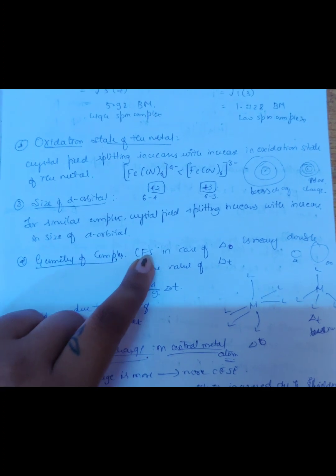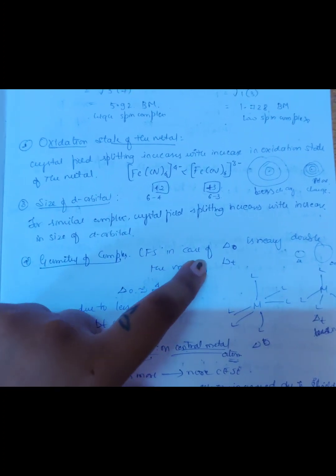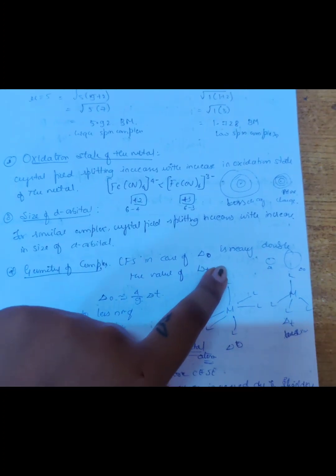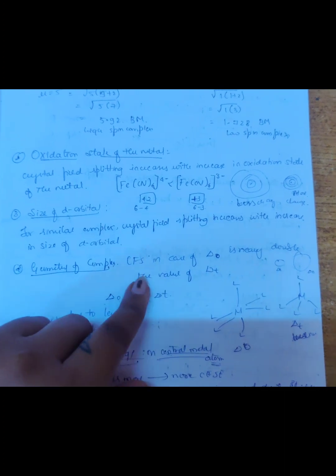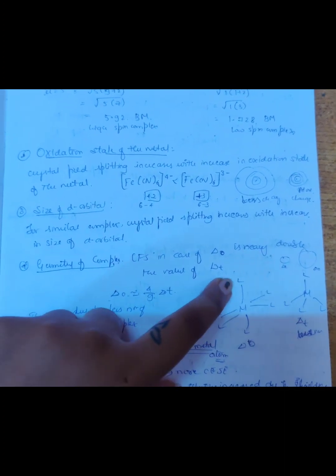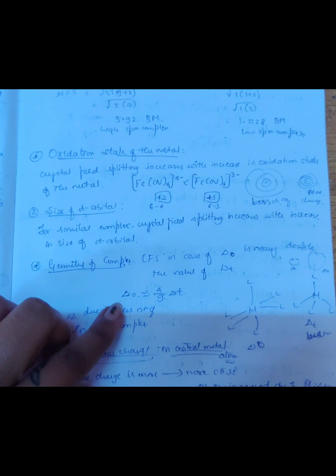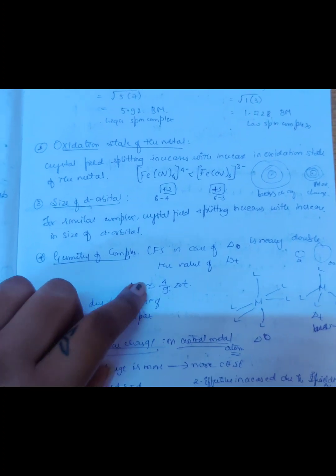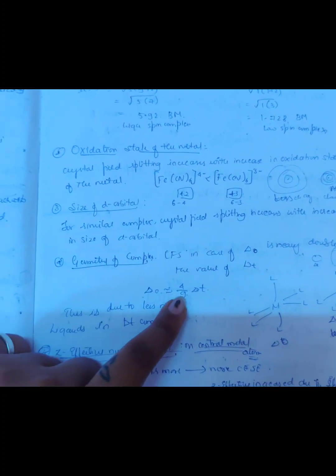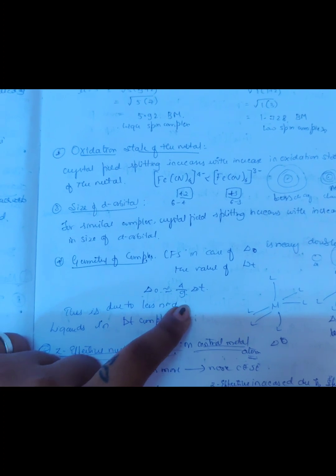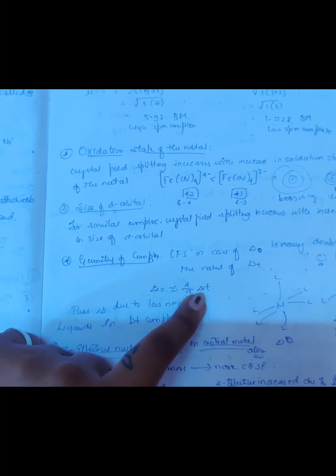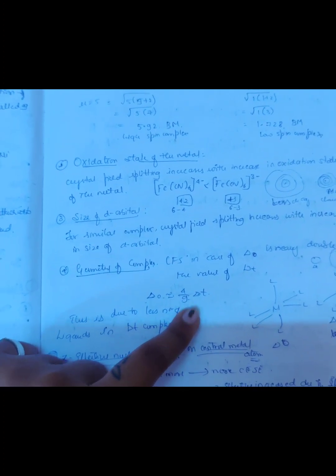CFSE in the case of octahedral is nearly double that of the tetrahedral complex. That is, tetrahedral is approximately equal to 4 divided by 9 times the octahedral.